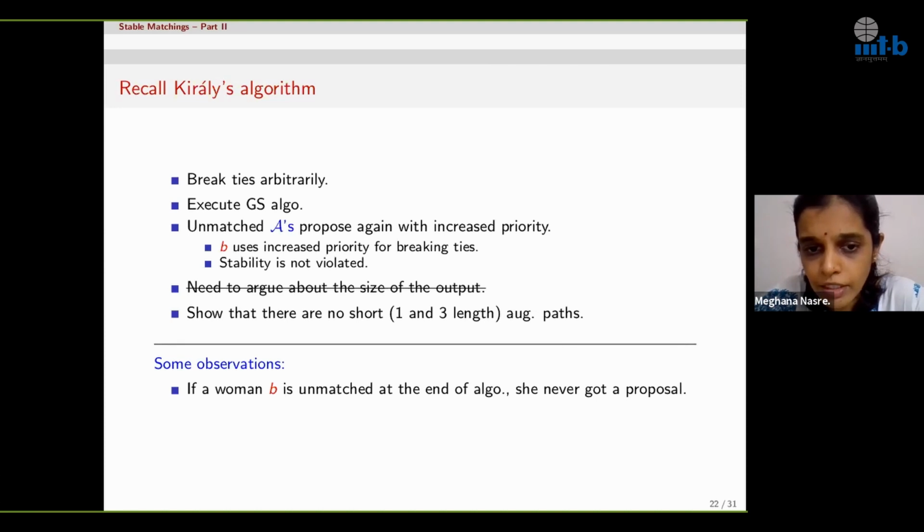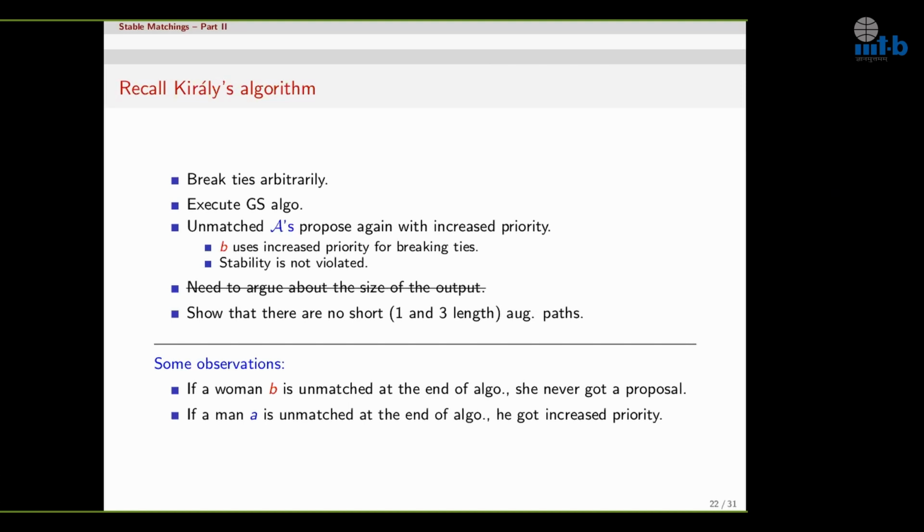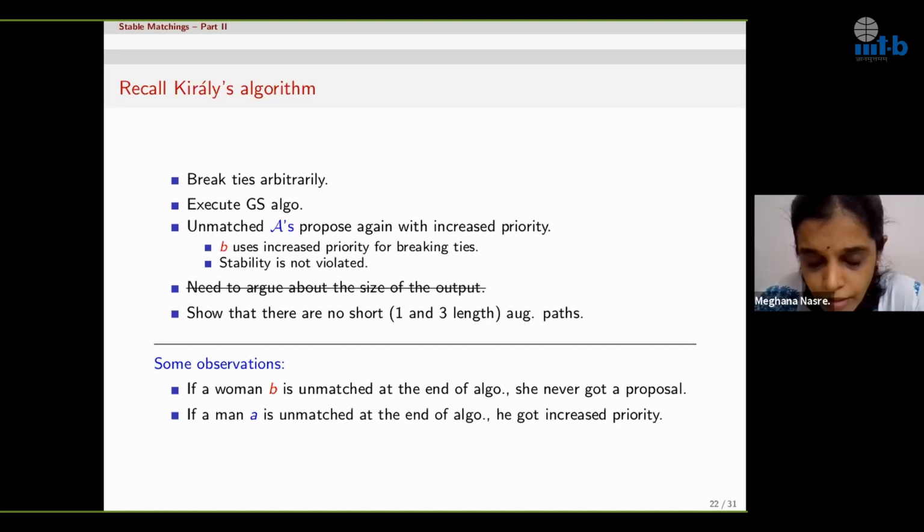So if a woman is unmatched at the end, she has never received any proposal from anybody. This is a simple observation, but it is useful. The second is, if a man is unmatched at the end of the algorithm, he must have proposed with increased priority and exhausted his list completely and still not got matched. That is the reason the man remains unmatched, because we did this step of increasing the priority. Both these observations are simple but useful.